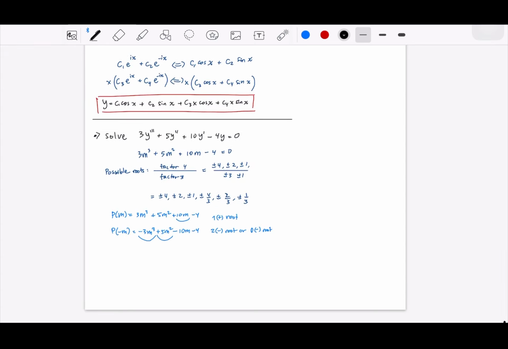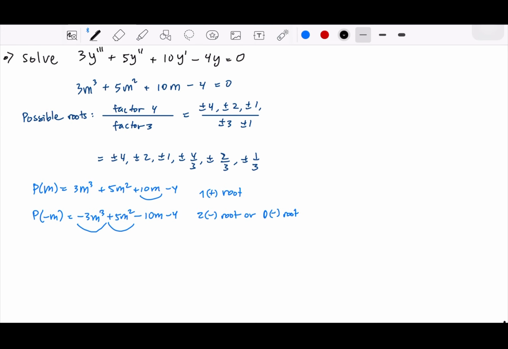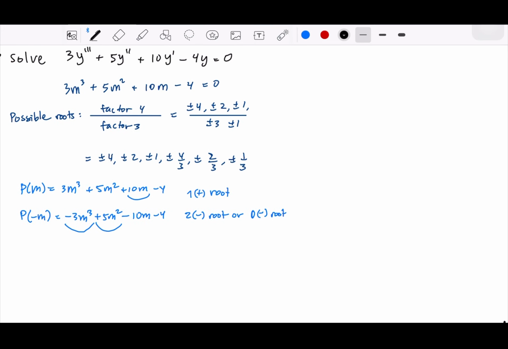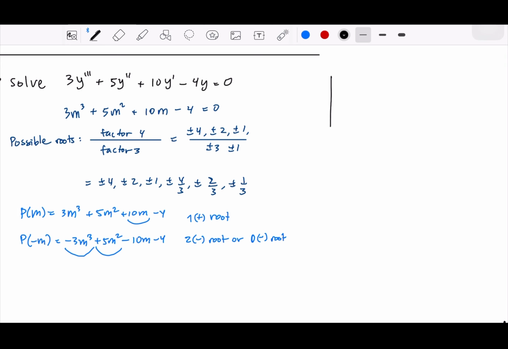So after we get this, we can take out the synthetic divisions. So take 3, 5, 10, and negative 4. We could try one by one, the positive number first. Anyone has tried this? 1 over 3. Okay, 1 over 3.